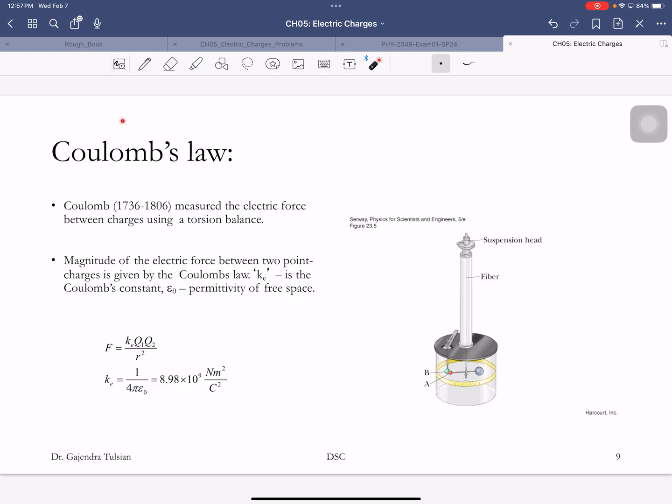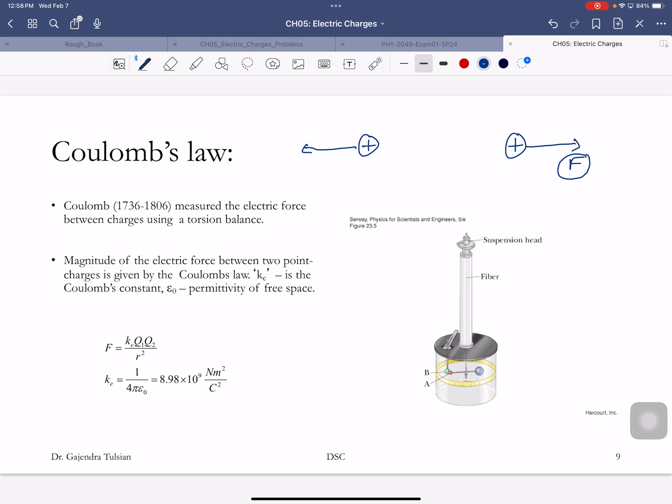Okay, now Mr. Coulomb studied the electrostatic forces between charged particles, and he figured out how strong the force would be. So for instance, if you have two positive charges, what will they do to each other? They'll repel each other. So if this guy repels with a force F, this guy will repel him with the equal and opposite force. And Mr. Coulomb figured out how strong this force will be.